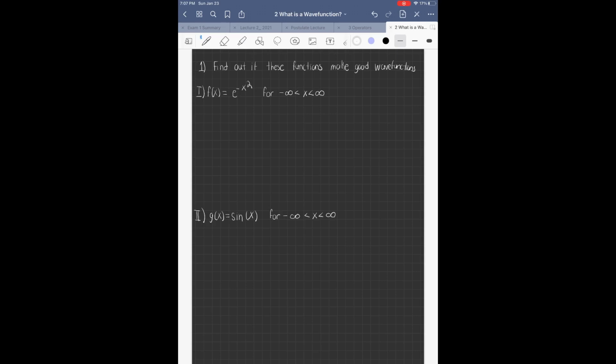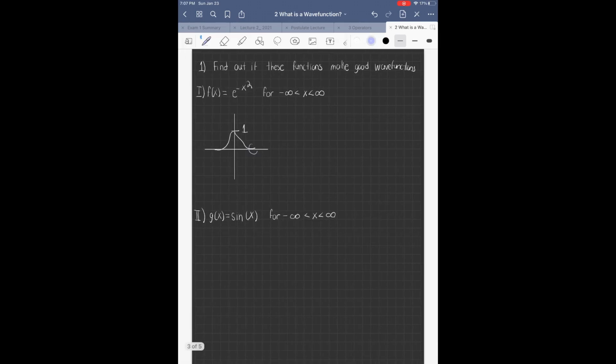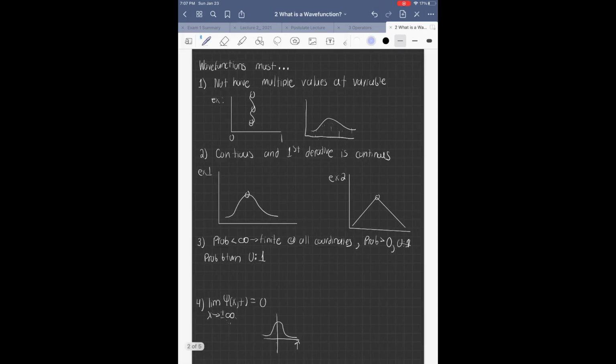If you graph this, it reaches 1 at 0, and then it just decays. Now this fulfills everything here. It decays at positive and negative infinity because it approaches 0, and it's continuous.